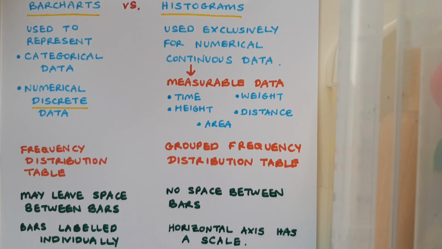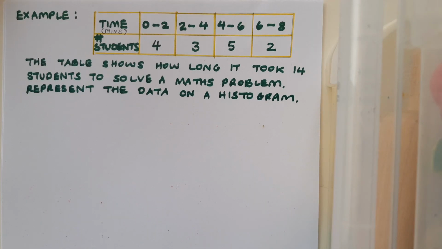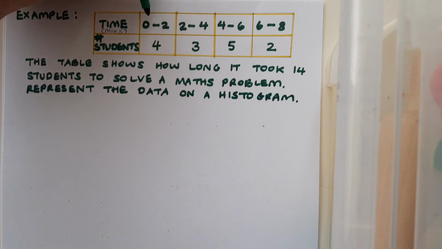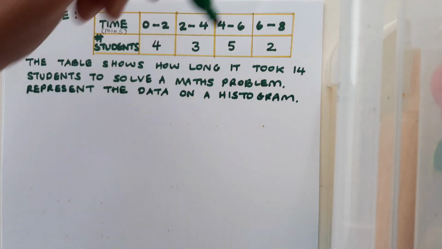So let's have a look now at an example of how we'd approach a histogram question, what the information that we're given looks like, and what we need to include in our diagram. So here's our example. This is a grouped frequency distribution table, and you can see the groups here are 0 to 2, 2 to 4, 4 to 6, and 6 to 8.